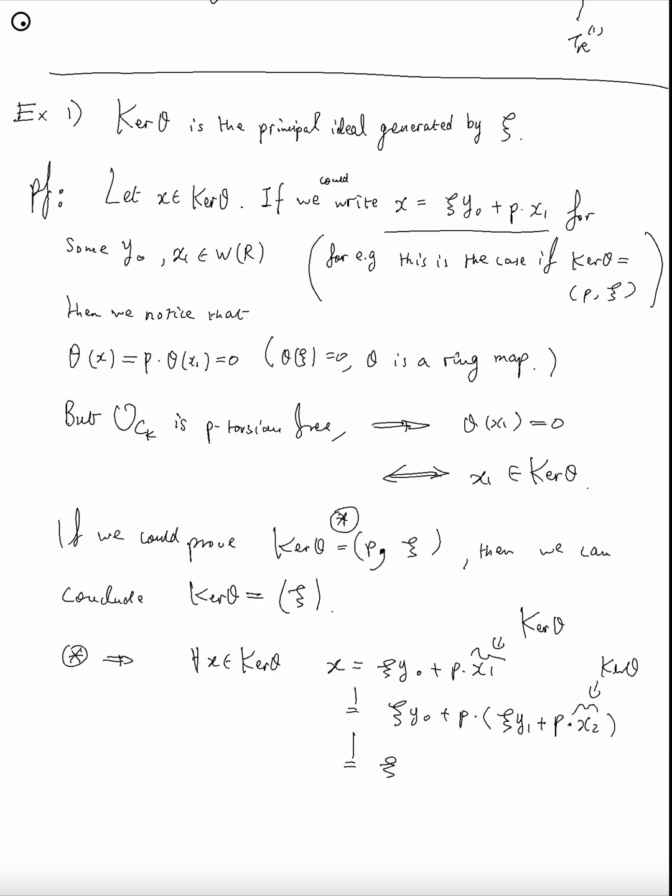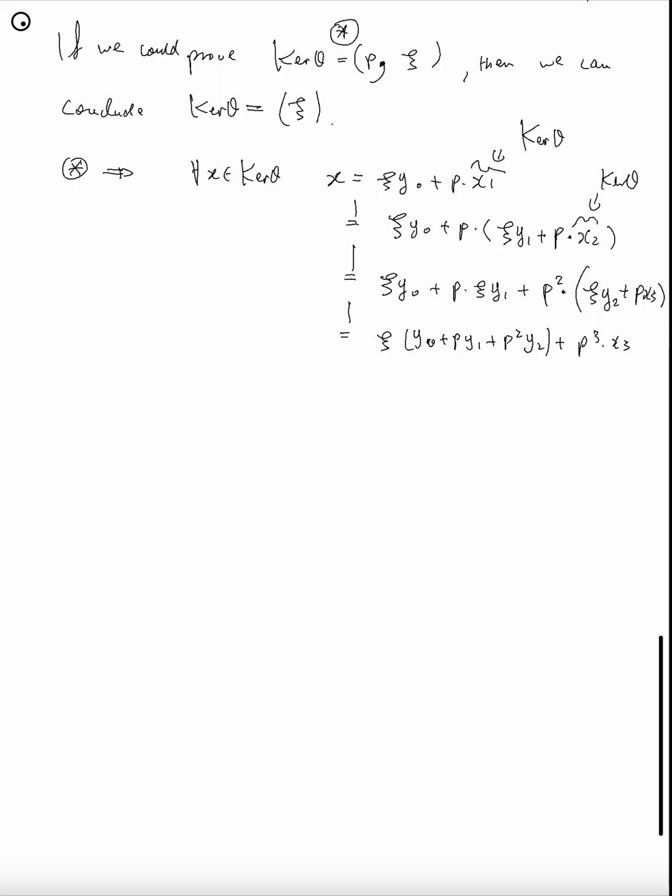Continue: c y0 plus p c y1 plus p squared times x2 could be written as c y2 plus p x3. So this is c y0 plus p y1 plus p squared y2 plus p cubed x3, as you could observe by induction, passing to the limit.